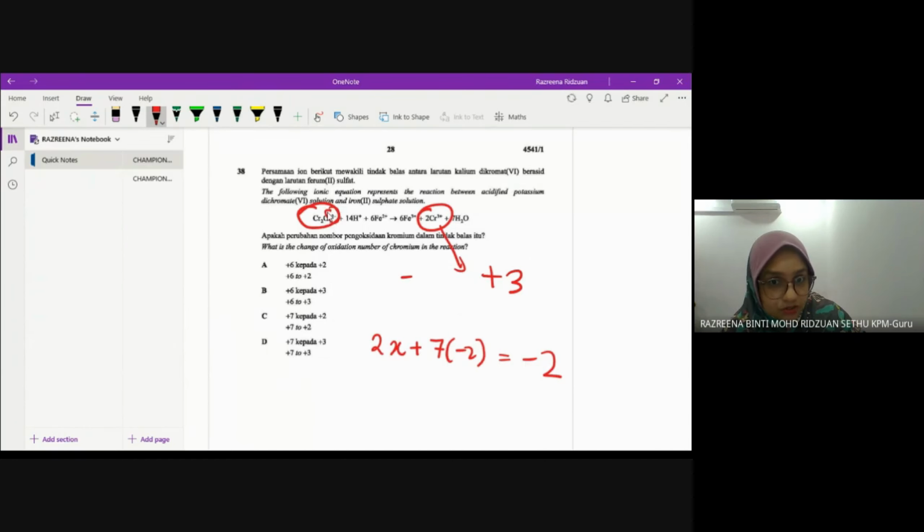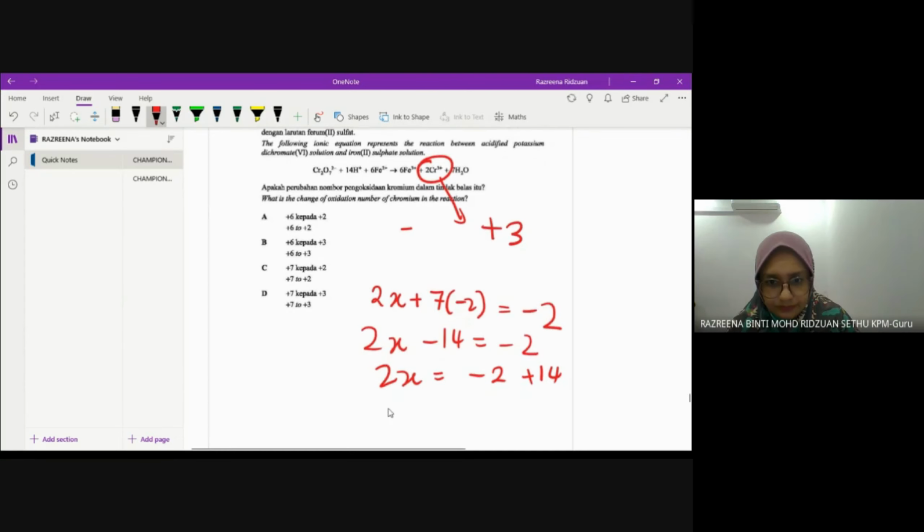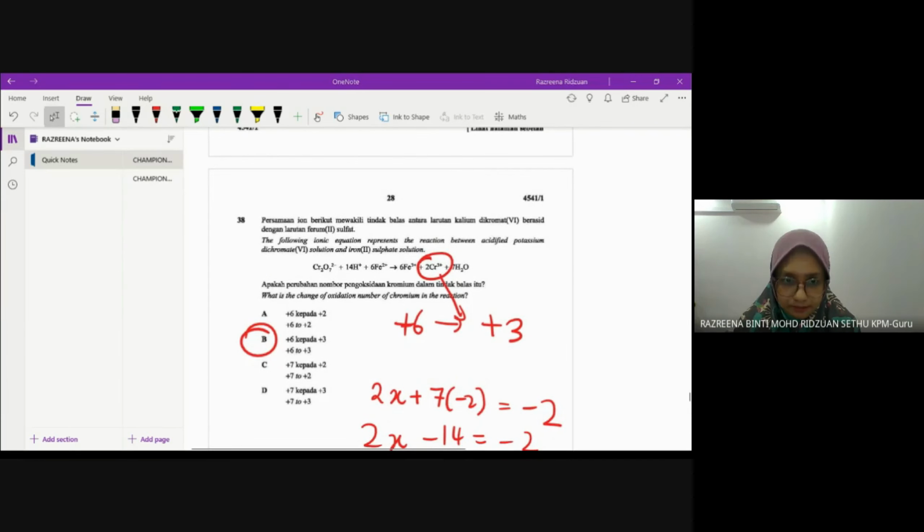This negative 2 is not for the chromium, it's for the whole ion. So 2x minus 14 equals minus 2. 2x equals minus 2 plus 14, so 2x equals positive 12, x equals positive 6. So positive 6 to positive 3. The answer is B.